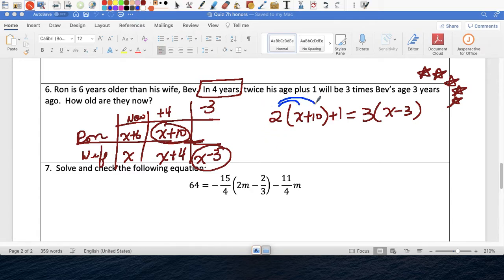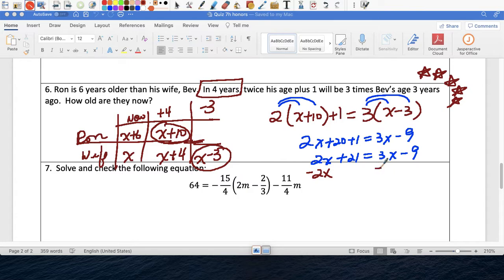Distributive property. So 2x plus 20 plus 1 equals 3x minus 9. I get 2x plus 21 equals 3x minus 9. The variables are on both sides, one of them has to go. This guy's going to go.